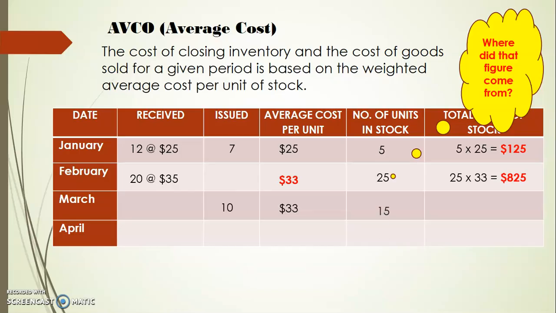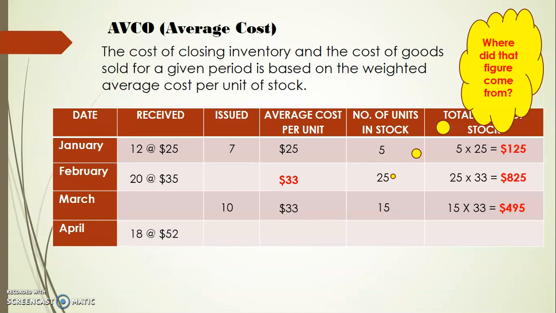From these 10 units that were issued from the 25, we remain with 15 units of stock or 15 reams of paper. These 15 reams would be valued at $33, and the total value of stock in March would be 15 reams at $33, which would be a total of $495.